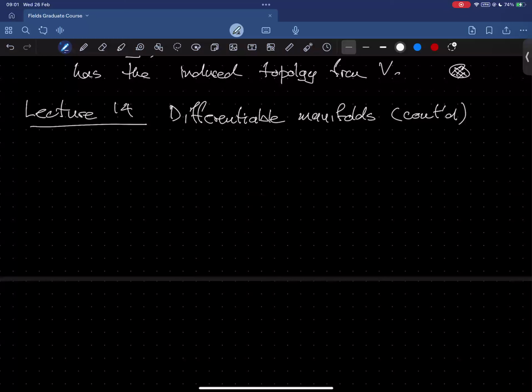Right. So, the time before last time, we had talked about the basic structure of manifolds, charts, and atlases, and all this kind of thing.